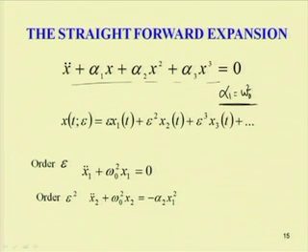We substitute x(t, epsilon), where epsilon is a bookkeeping parameter. One can write x(t, epsilon) equal to epsilon x 1(t) plus epsilon square x 2(t) plus epsilon cube x 3(t), or one can write higher order terms also.